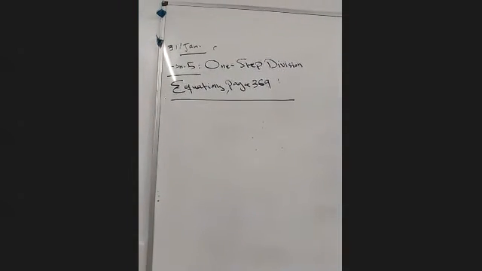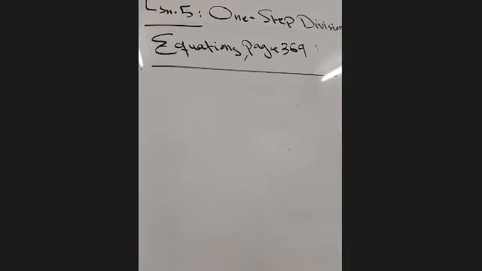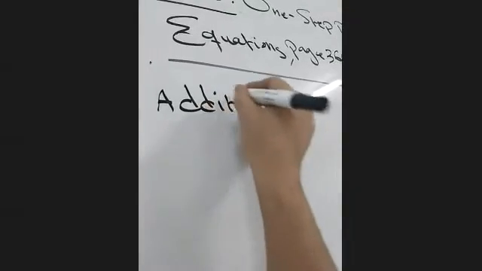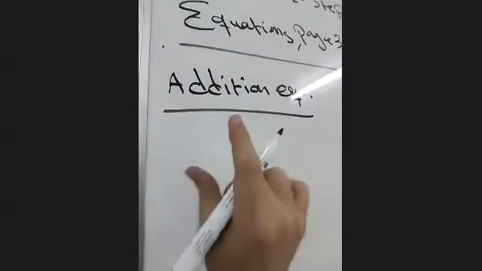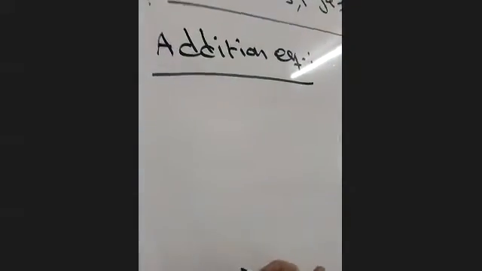Okay, guys. Today we'll start with lesson 5, one-step division equations. Until now, we did 3 types of equation. Let's remember together quickly. They are all one step, meaning in one step we have the solution.